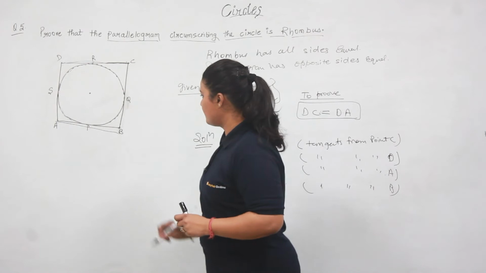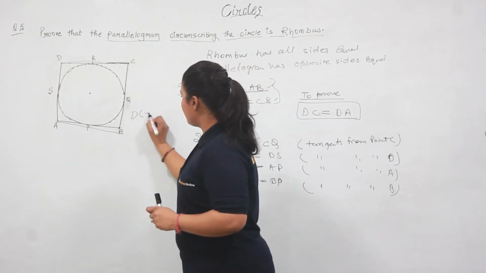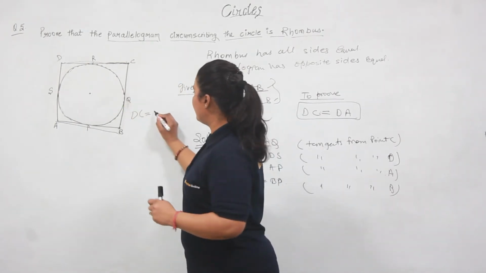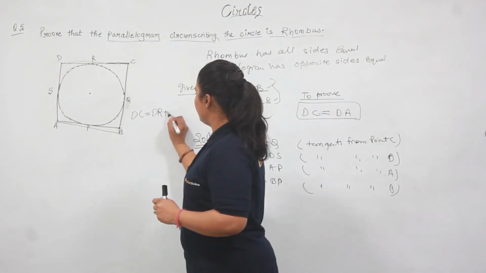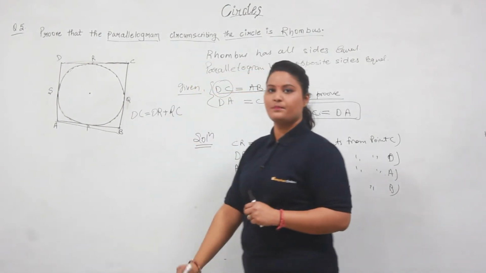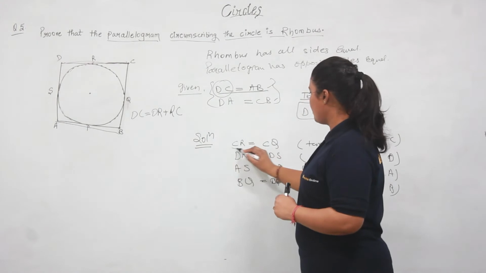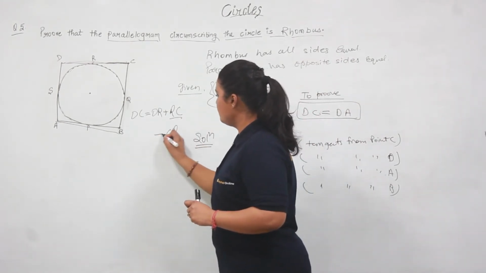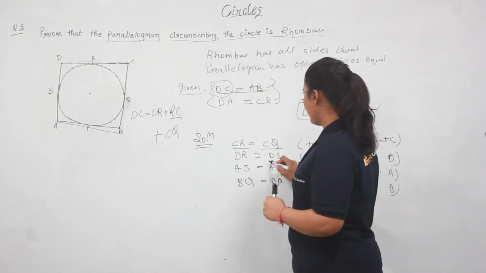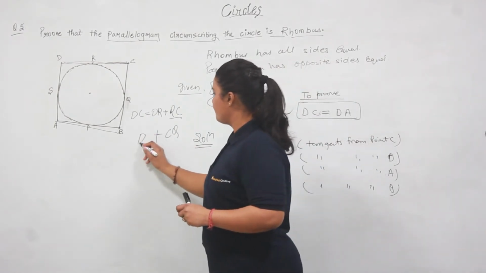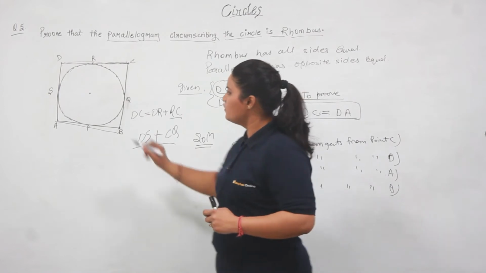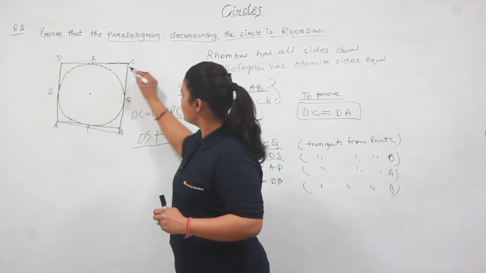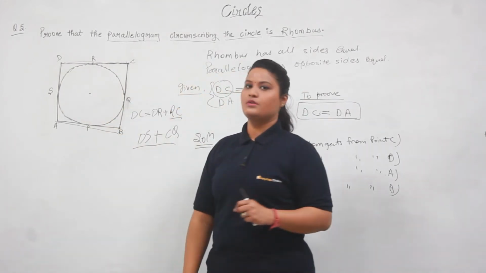If I write, DC is equal to DR plus RC, and RC is equal to CQ, and DR is equal to DS. So DS plus CQ.